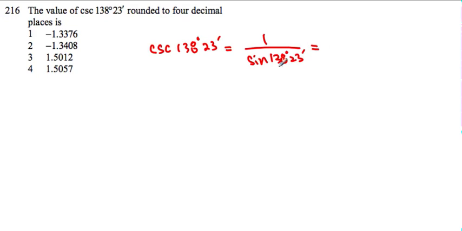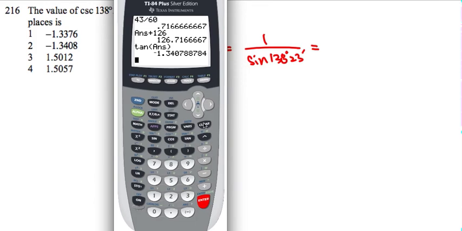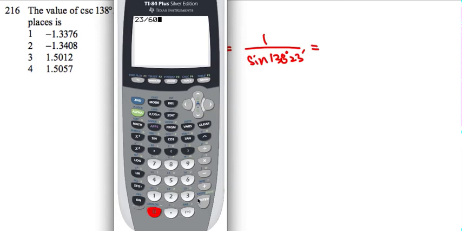So once again, I'm going to convert this into degrees, the same way as before. 23 minutes is divided by 60 to convert it into degrees, and then we add 138. Now that's the degree measure of this angle, and all we have to do is take the sine of that angle, using the second answer.